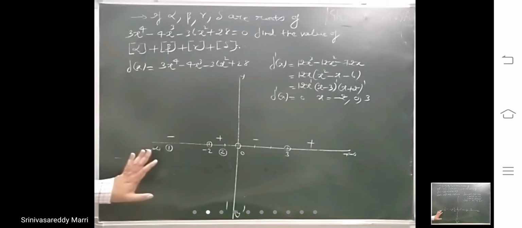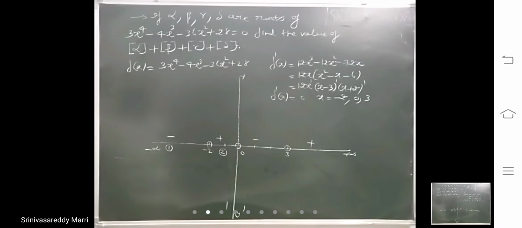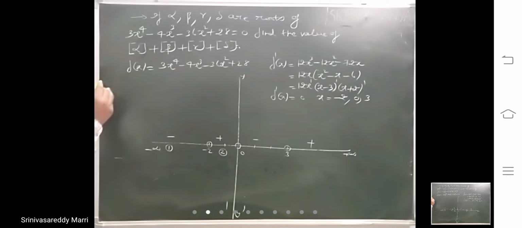Now you have to draw the graph. Calculate the values. How will the value be at minus infinity?